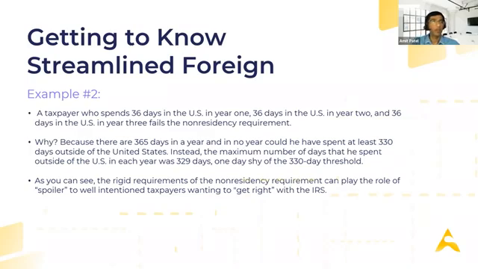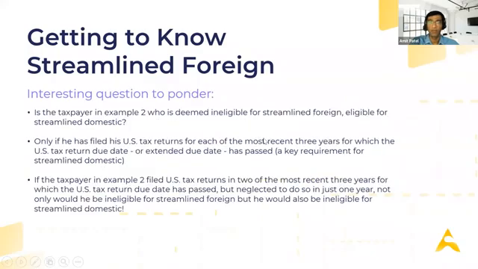I think I have a very interesting example. Say in example 2, now you know that the taxpayer is not eligible for the streamlined foreign procedure. So my question is, is he eligible for streamlined domestic?